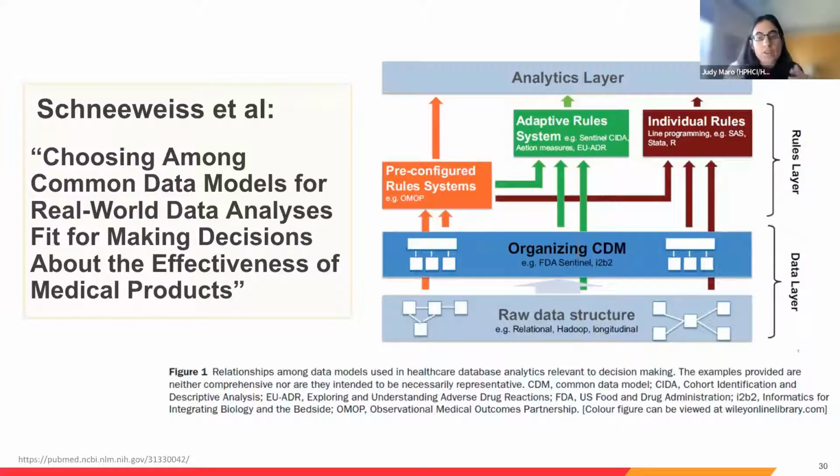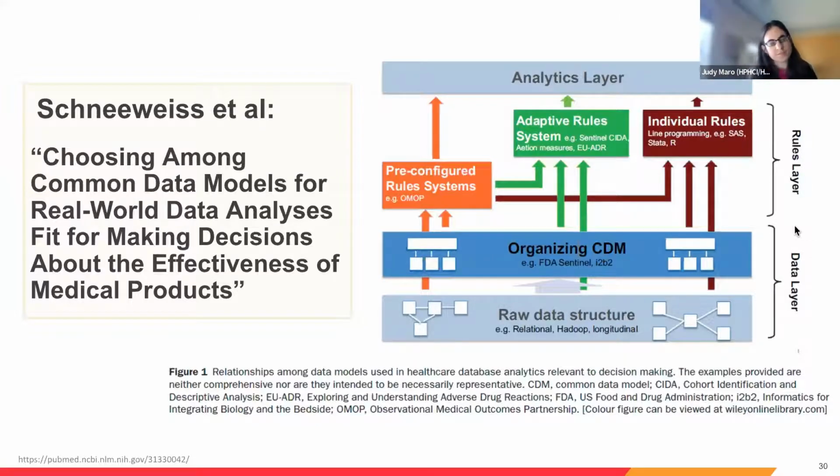In the Sentinel data model, instead, at the point of each study, that's done each time using what's called an adaptive rule system, where we have a main structure with input file driven processes. And then there's the more traditional approach, which Jamie led with, the old way of doing federated analysis, where each individual site does line programming for that particular study. This is just another way of organizing how these different things fit into the same ecosystem.